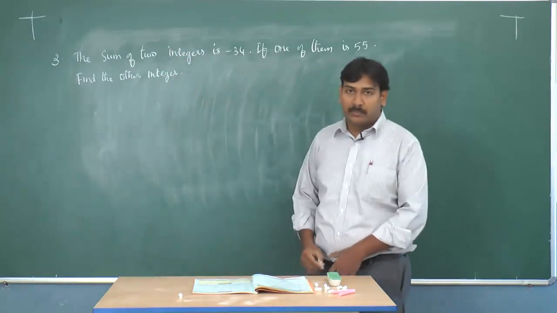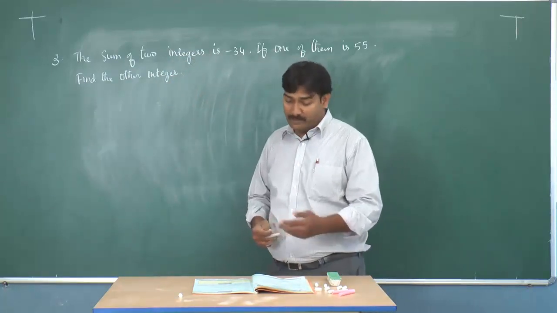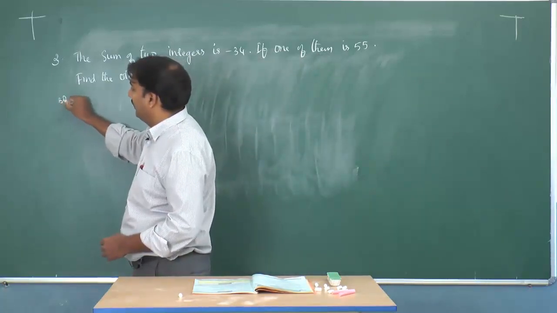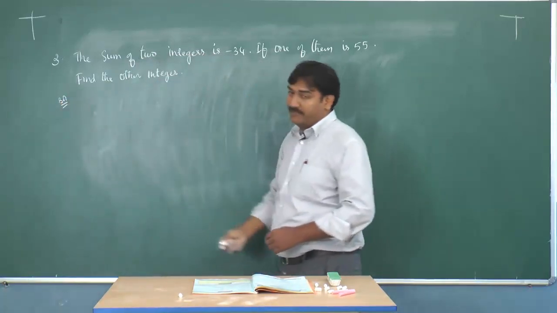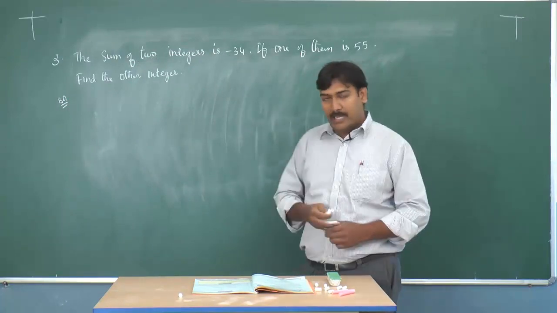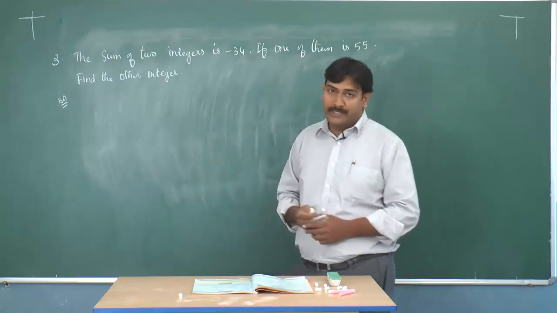So here there is a verbal problem based upon the concept we have learned earlier. So here he has given you that the sum of the 2 integers is minus 34 and one of the numbers is 55, that is plus 55. He is asking us to find the other integer.